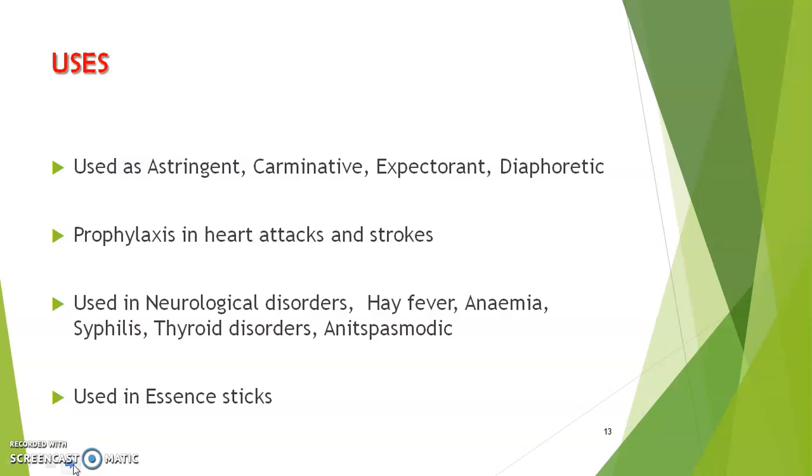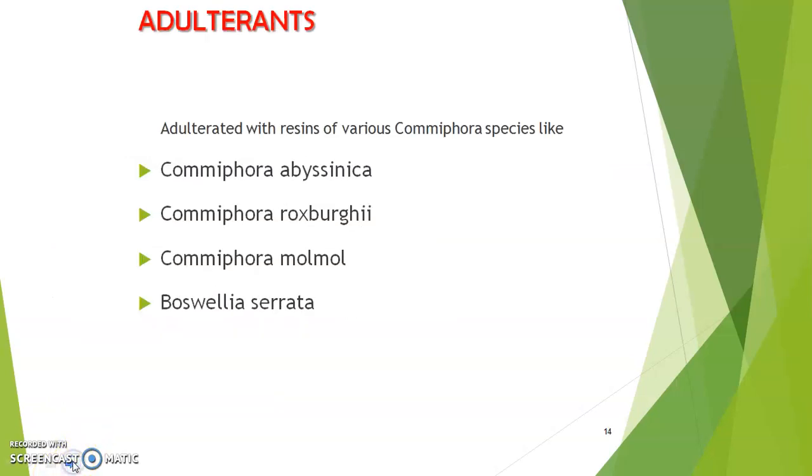Other uses are astringent, carminative, expectorant, diaphoretic, prophylaxis in heart attacks and stroke. It is also used in neurological disorder, hay fever, anemia, syphilis, thyroid disorder, antispasmodic. Used in incense sticks. Adulterant: it is adulterated with resin of various Commiphora species like Commiphora absinthica, Commiphora roxburghii, Commiphora molmol, and Boswellia serrata.